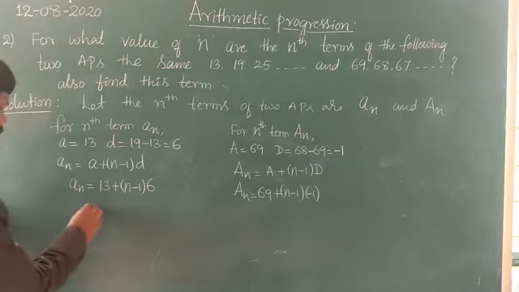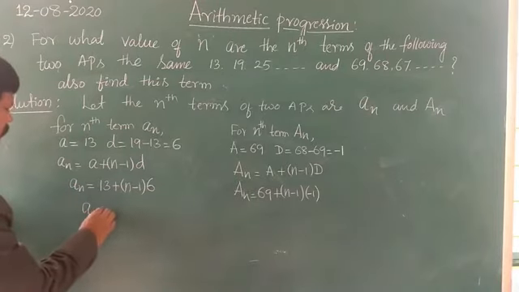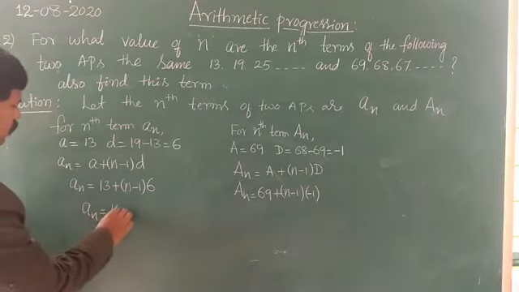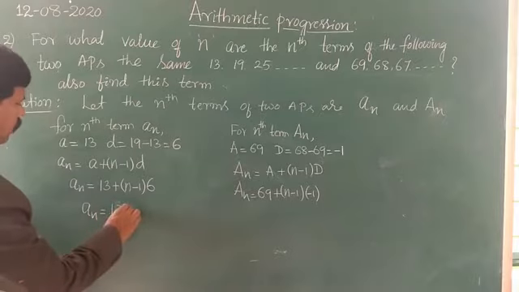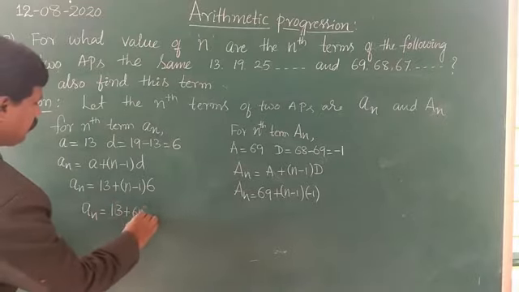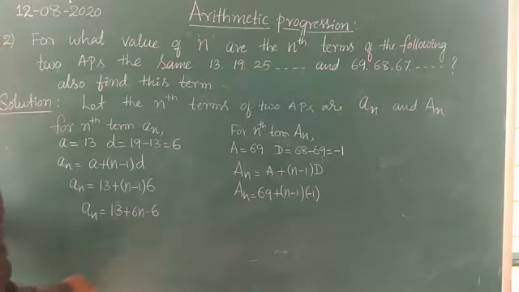So here, an is equal to 13 plus 6n minus 6.